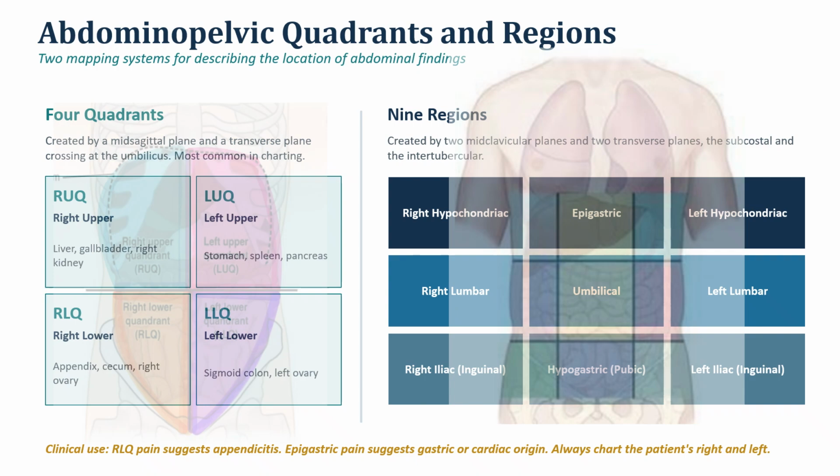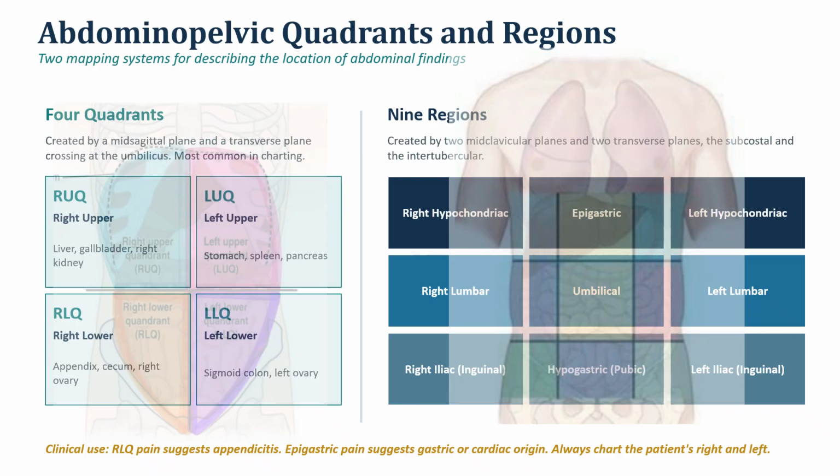That gives you the right upper quadrant, left upper quadrant, right lower quadrant, and left lower quadrant, abbreviated RUQ, LUQ, RLQ, and LLQ. This is the system you will see most often in charting and in emergency settings because it's fast and unambiguous.